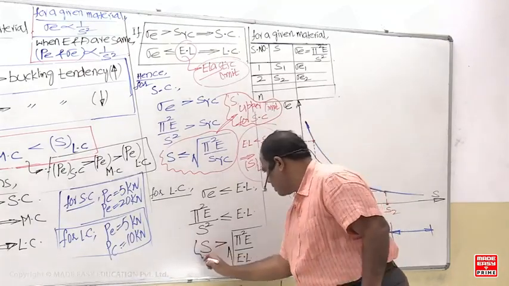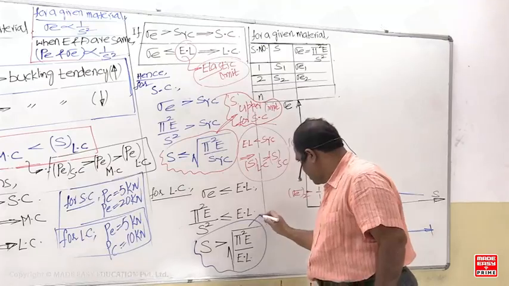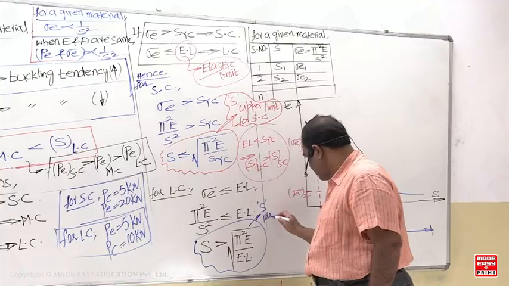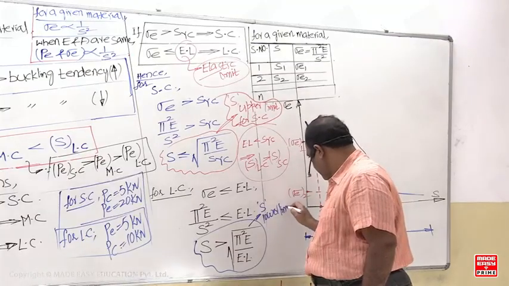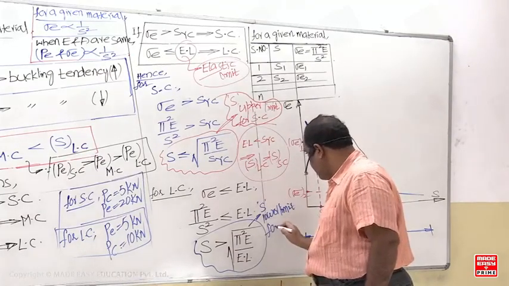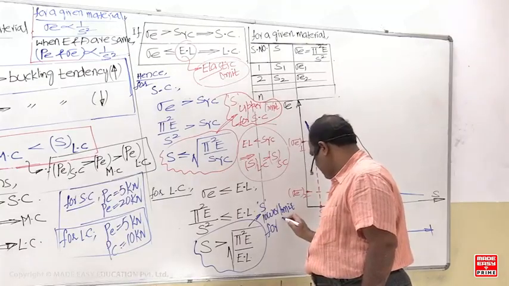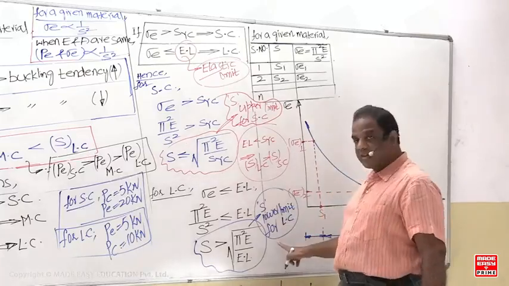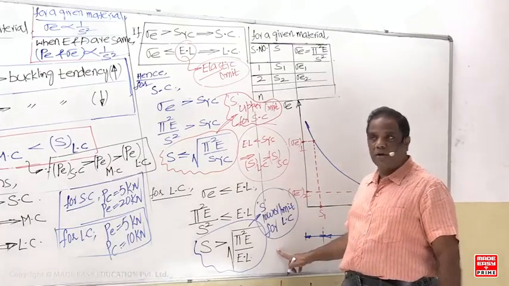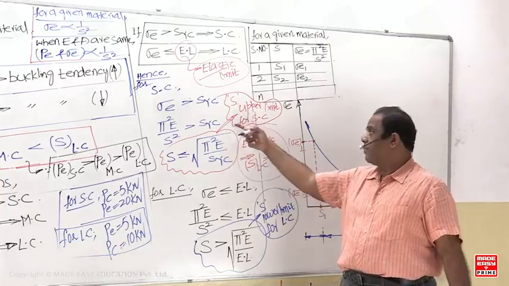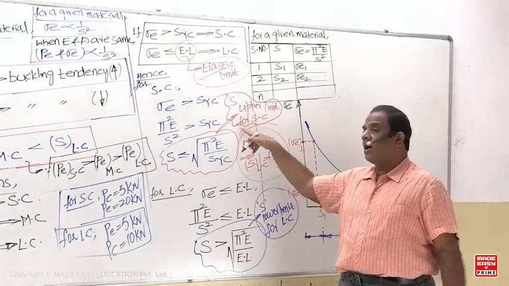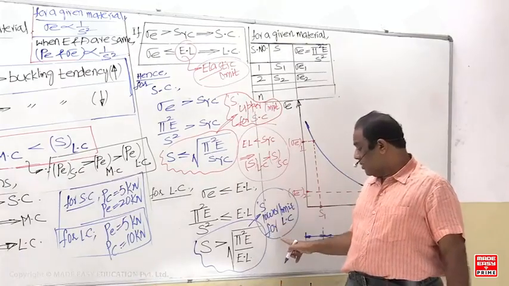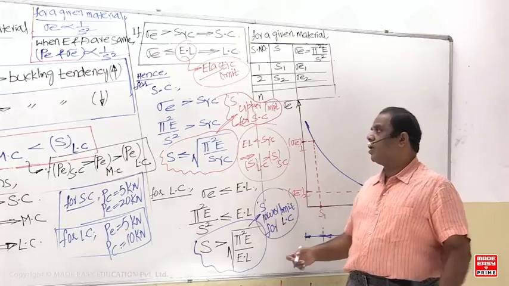And this will give the slenderness ratio lower limit for long columns. So in case of steel, 100 is the lower limit for the long column, and 30 is the upper limit. This gives the upper limit of the slenderness ratio for the short column, and this is the lower limit of the slenderness ratio for the long columns.